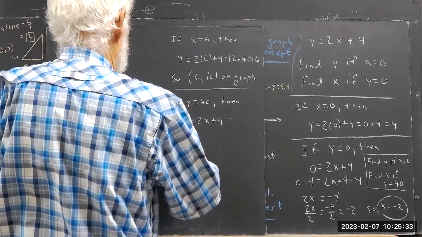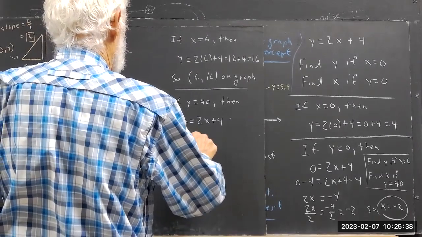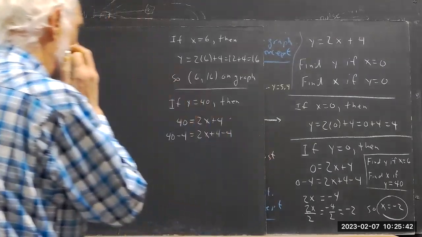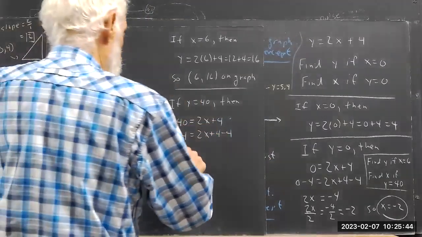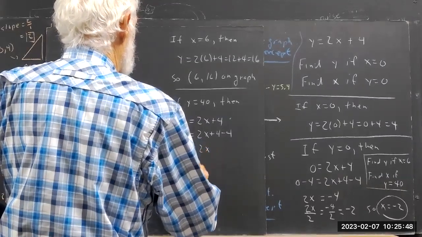So we do 40 minus 4 is 2x plus 4 minus 4. Then you get 36 equals 2x.